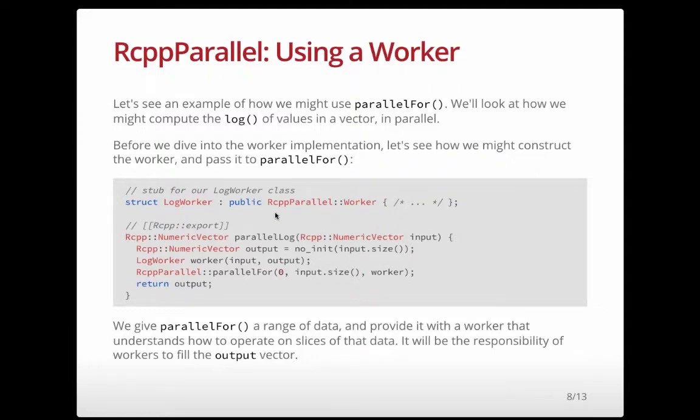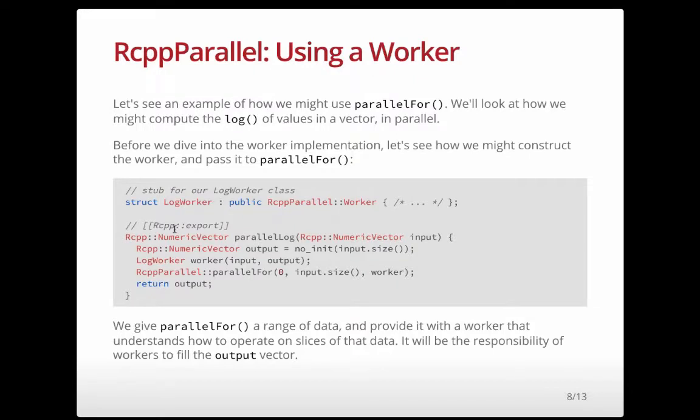If you've never seen C++ or Rcpp before, what we have here is just a stub for a worker class, and I promise you'll see an implementation for this soon. It's something we're calling the LogWorker, and it inherits from the RcppParallel Worker class. This is the thing that's going to do work for computing the log on some range of data.